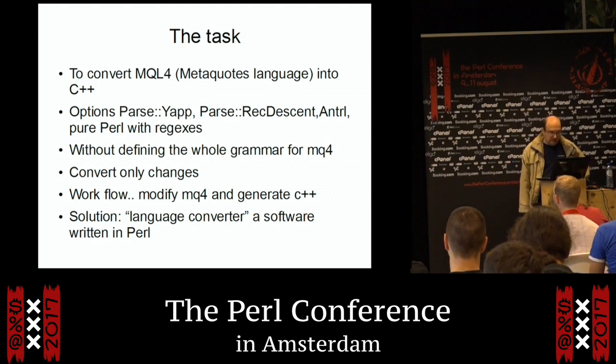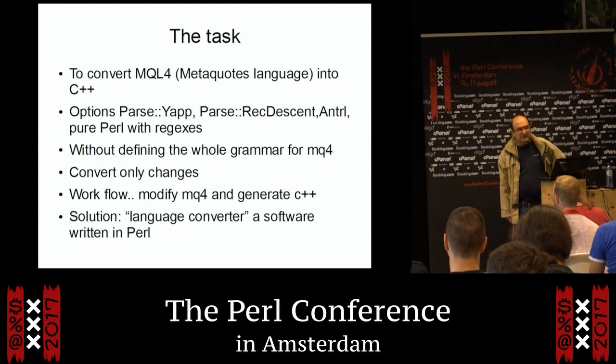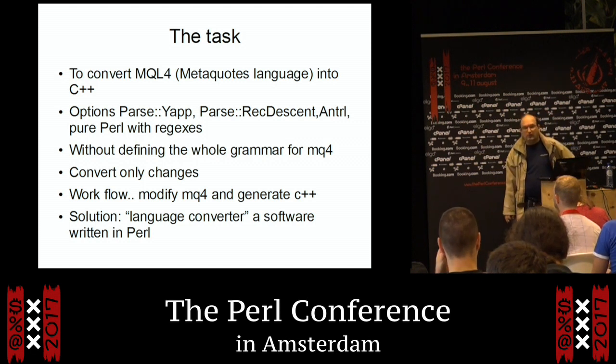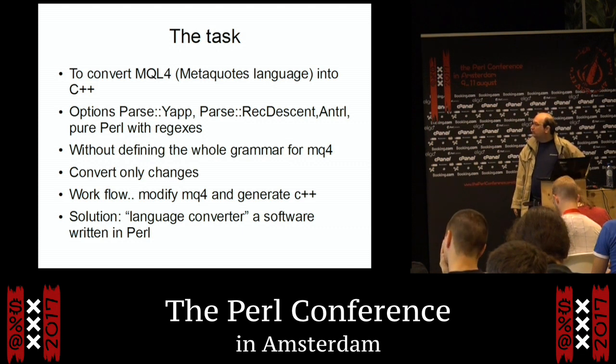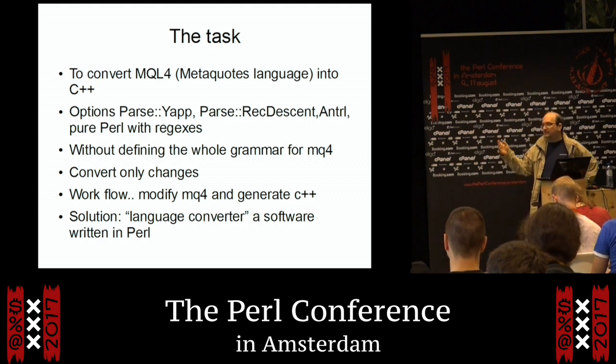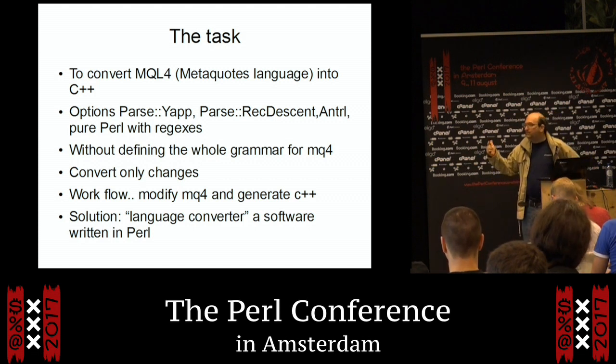What it means is that I wanted to convert just the changes. Time by time I developed this MQ4 trading bot, and I could have created both versions and maintained them in parallel, but I didn't want to do that.